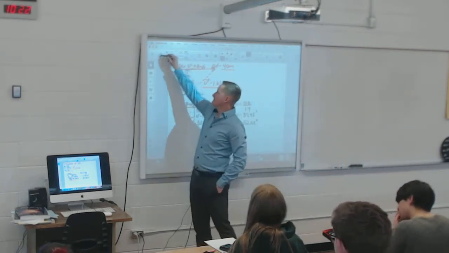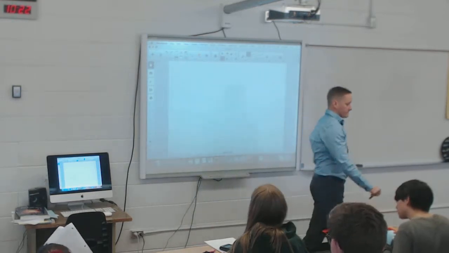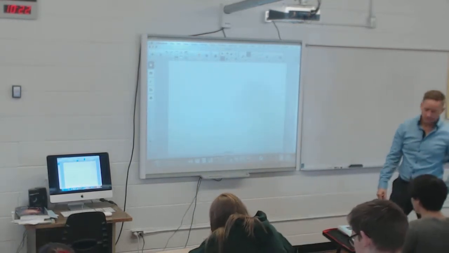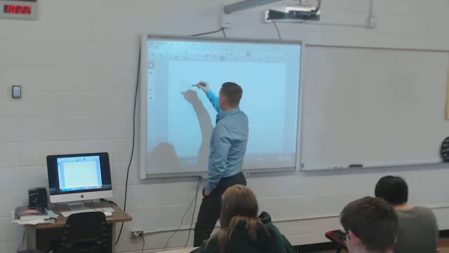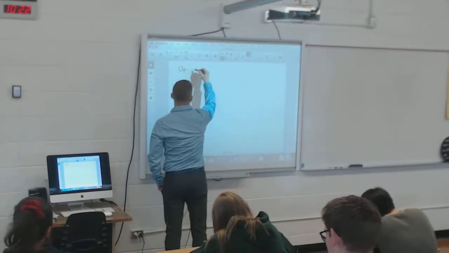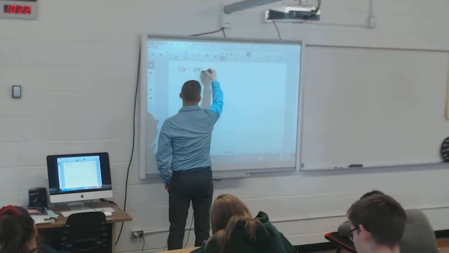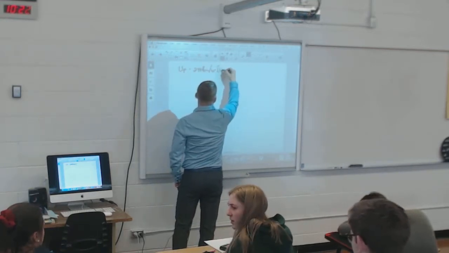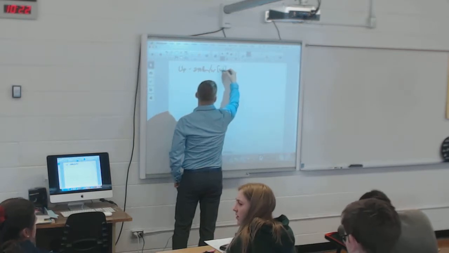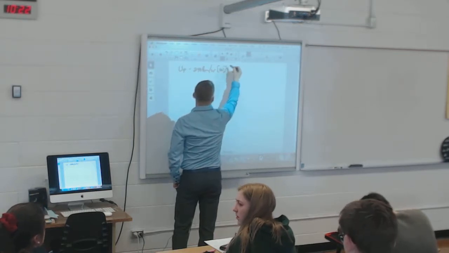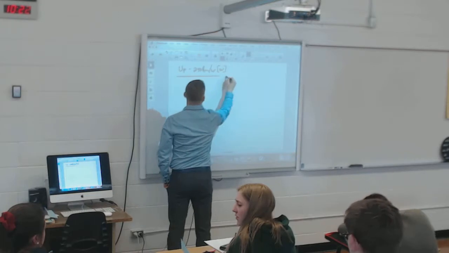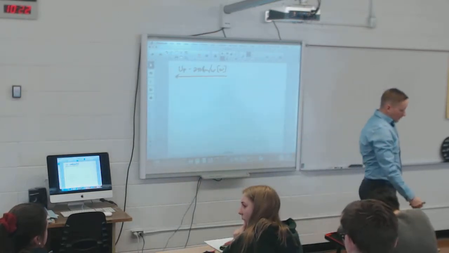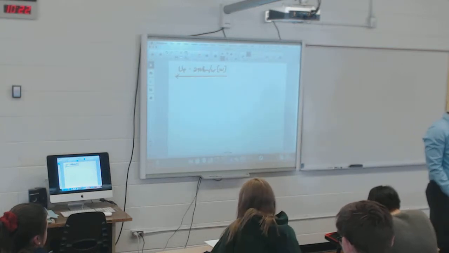It's kind of backwards from what you're asking for. Pilot maintains a heading due west. The velocity of the plane. Alright.